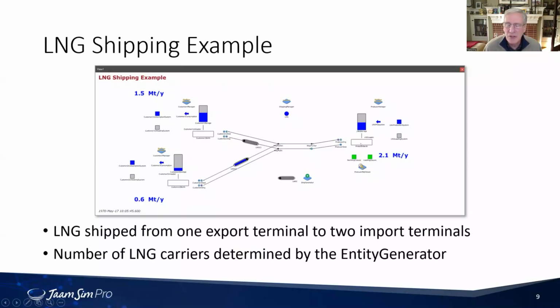So you actually seize the mat flow station before you arrive and release it when you leave, to prevent another ship from coming along and trying to enter your berth while you're still there. A very necessary point. It also ensures that you have utilization statistics for the mat flow station, which in a shipping model is one of the things you look at. What's the utilization of my berths?